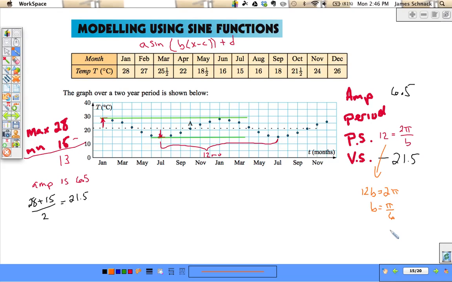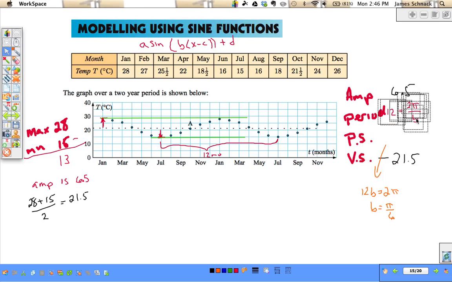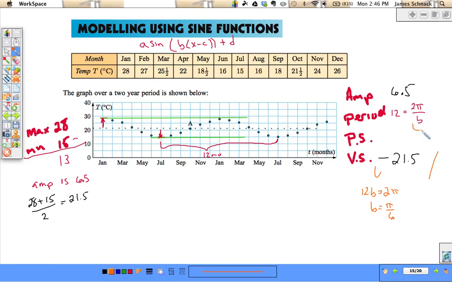Now there's a few different ways we can do this last part. The last part of this is phase shift. I got this period stuff written in the wrong spot. That should be period. And so we took that period, and that allowed us to find b, part of our equation.